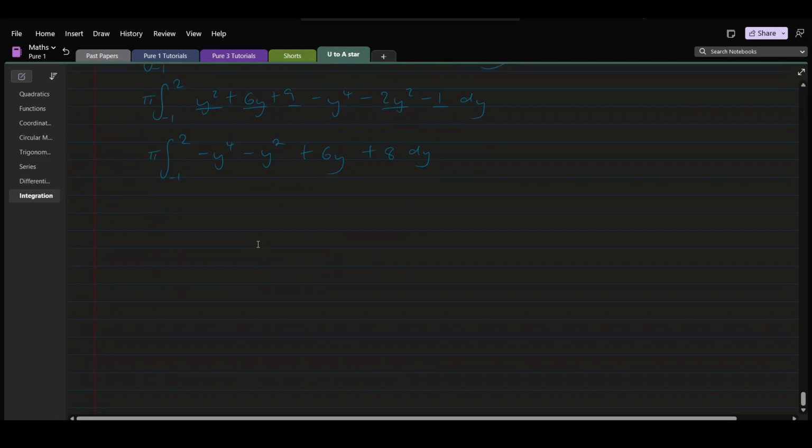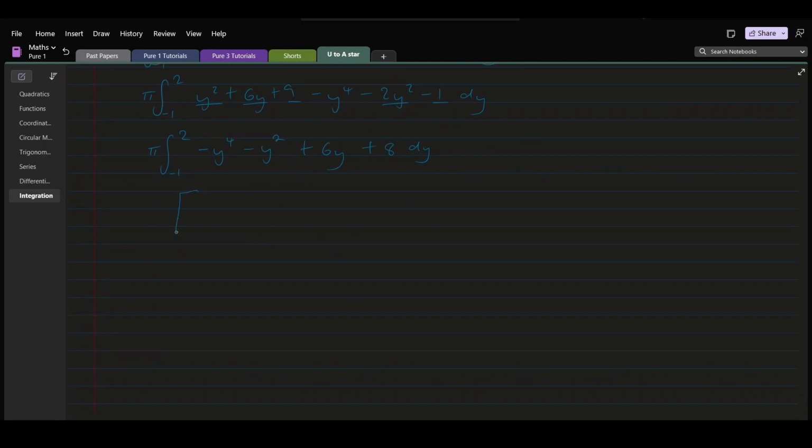Now we can integrate. So if you integrate negative y to the 4, you add 1 to the power, that's 5, and you divide by 5. Then negative y squared, you add 1 to the power, that's 3, divide by 3. Then 6y, you add 1 to the power, that's 2, divide by 2.